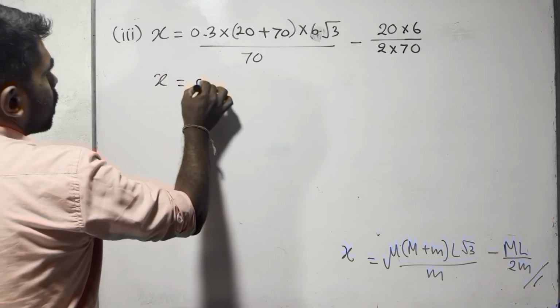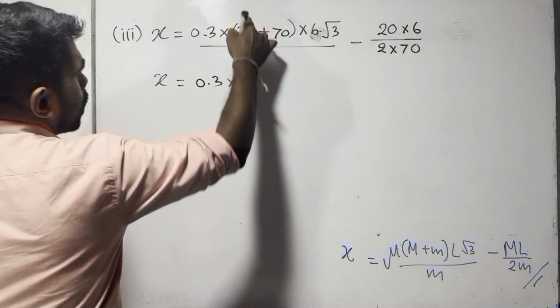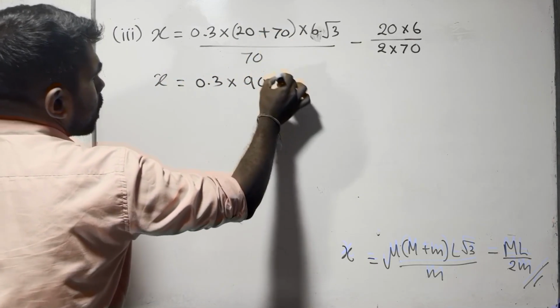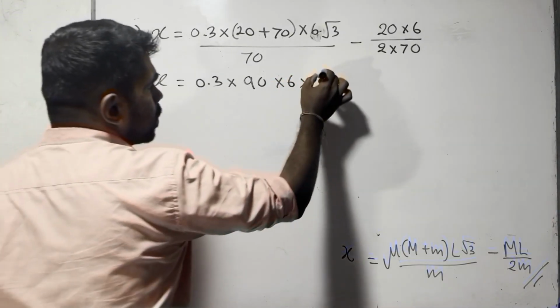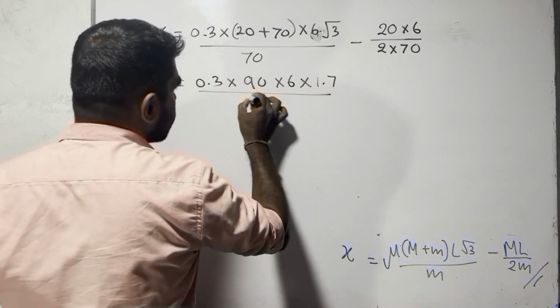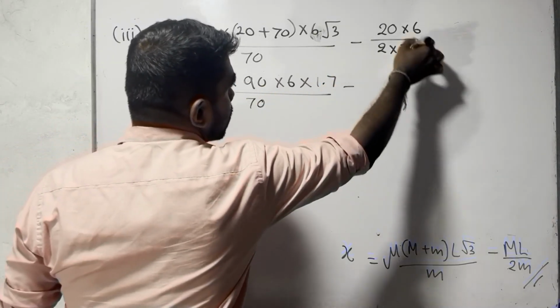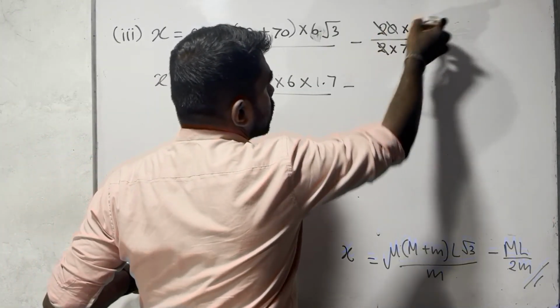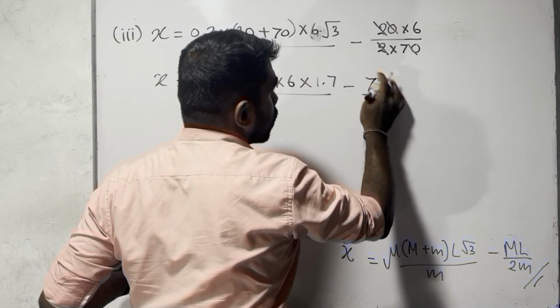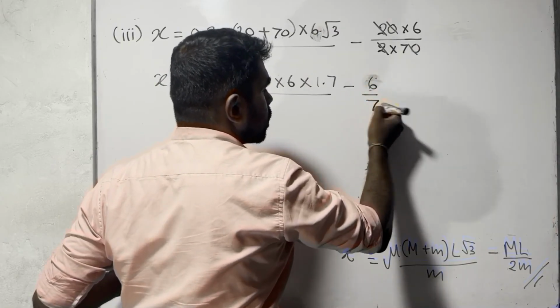X equals 0.3 into 20 plus 70, 90, into 6. Root 3 value is given in the question as 1.7, divided by 70, minus, we can cancel out 1 zero and 2, 7 divided by 6, sorry, 6 divided by 7.